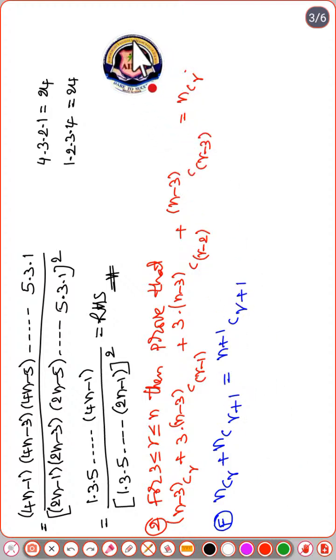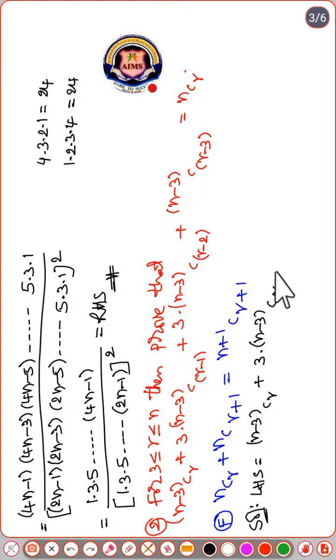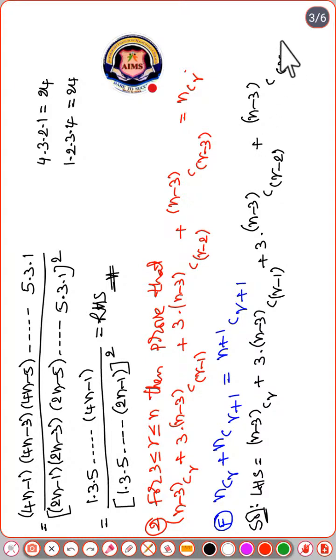Now I can start the solution. First of all, LHS. LHS is n minus 3 Cr plus 3 times n minus 3 Cr minus 1 plus again 3 times n minus 3 Cr minus 2 plus n minus 3 Cr minus 3.